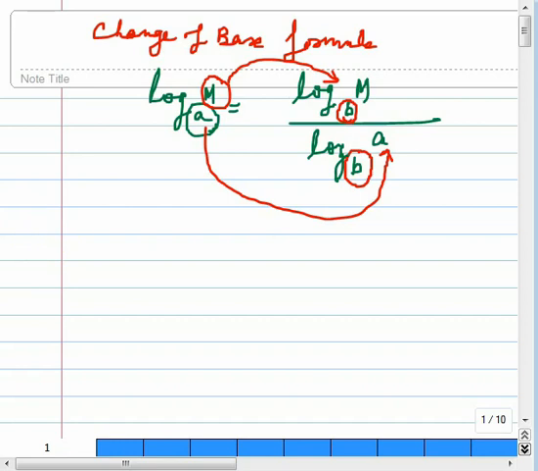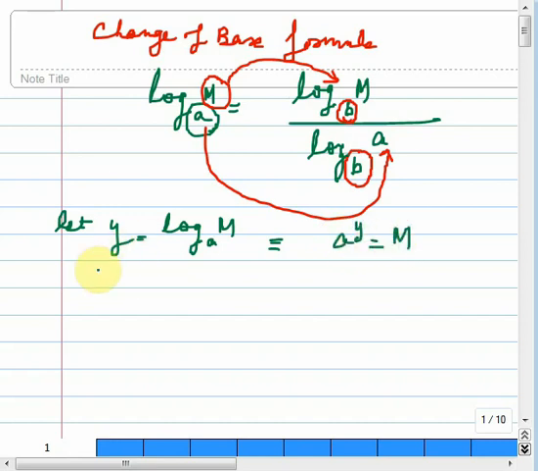Let y is equal to log m to the base a. Its equivalent is a to the power y is equal to m.